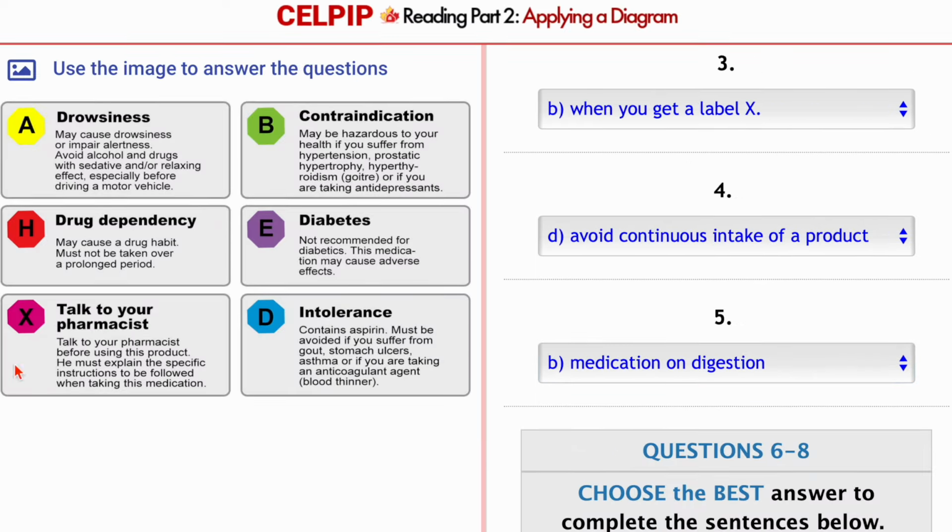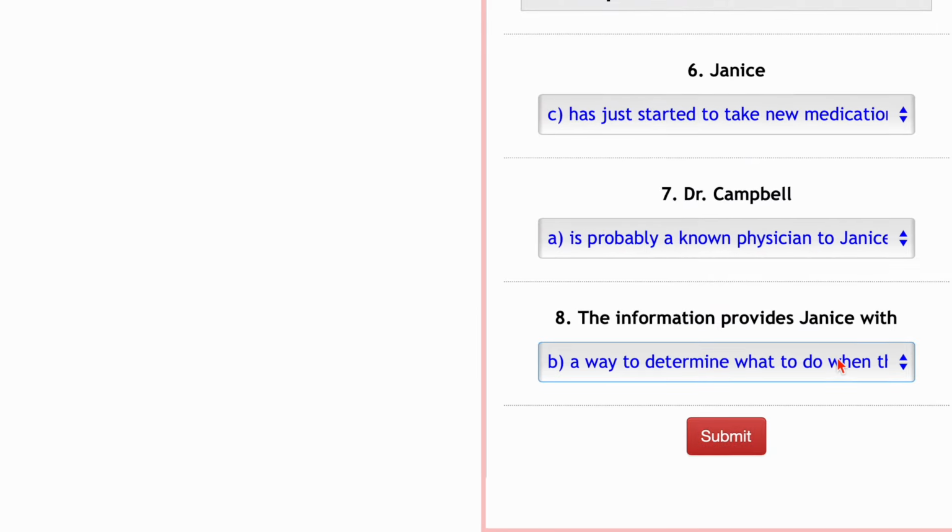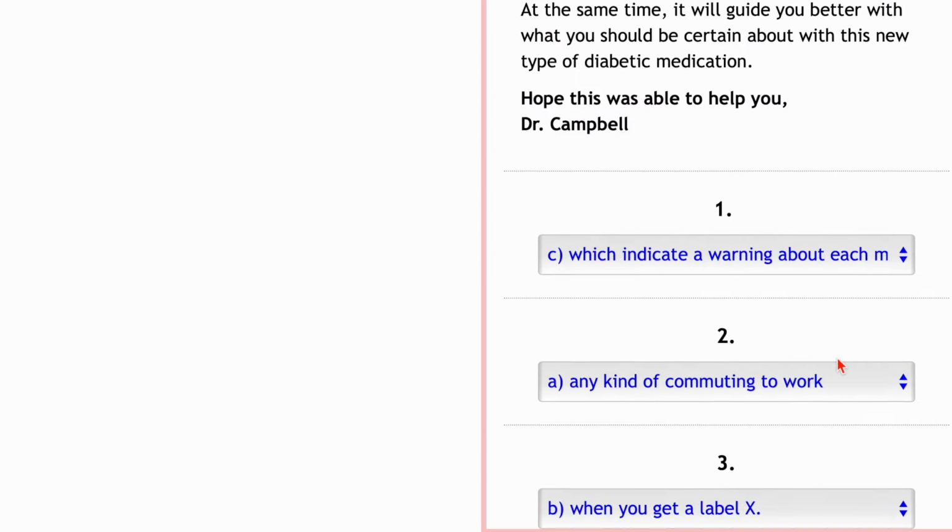So these are warning labels that tell you when you take this medication, if you have some kind of labels on your medication, then be careful with this, okay? So she can discover what to do if she has a red label or green or purple, okay? All right, everyone.